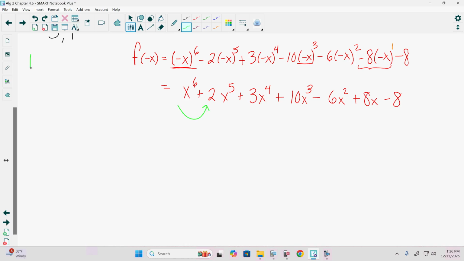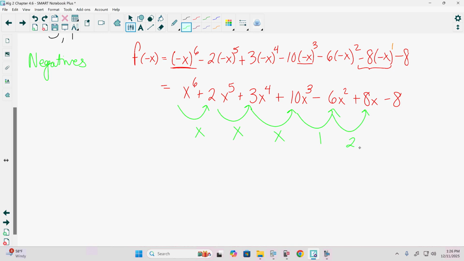Now, we need to count the sign changes. From x to the 6th to x to the 5th, there is no sign change. From x to the 5th to x to the 4th, no sign change. X to the 4th to x to the 3rd, no. X to the 3rd to x squared, there's 1.